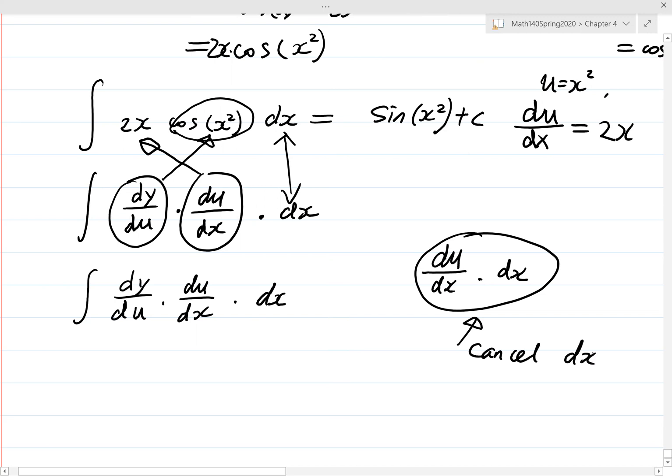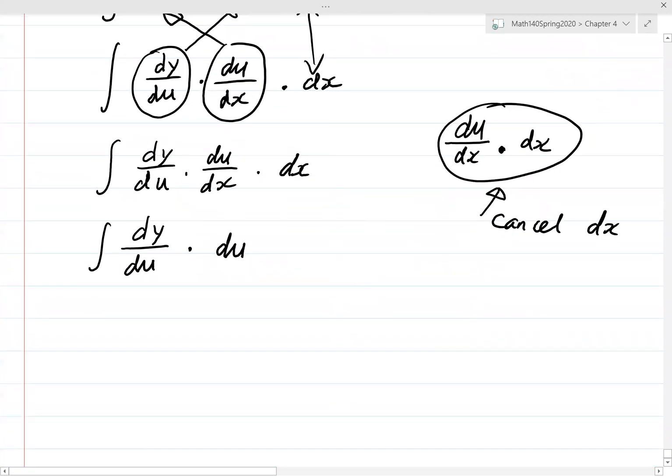Cancel dx, because dx is in the denominator and the numerator. So we get dy over du times du. Then cancel du, because du is in the denominator and the numerator.